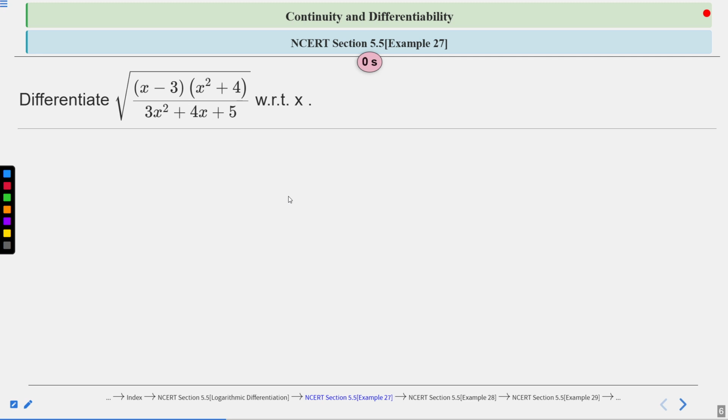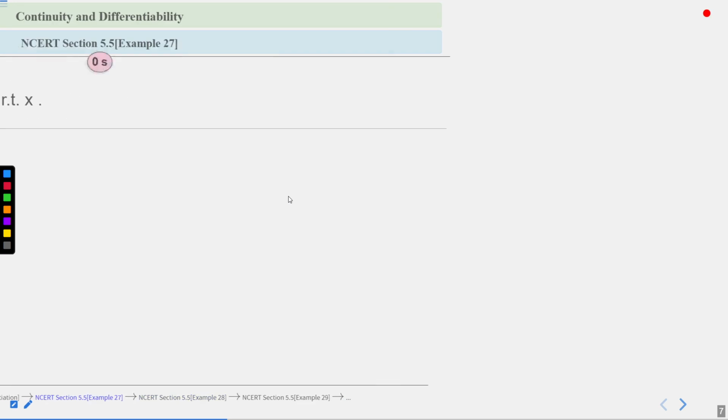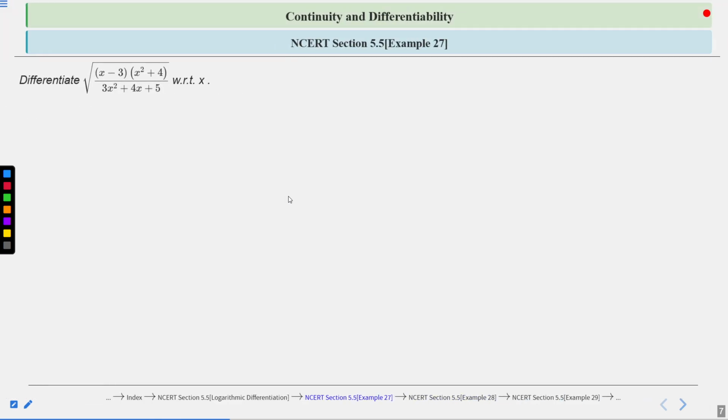Okay, so let us discuss the solution part. We have to differentiate root over (x minus 3)(x square plus 4) upon (3x square plus 4x plus 5) with respect to x. Let y = root over (x minus 3)(x square plus 4) upon (3x square plus 4x plus 5).